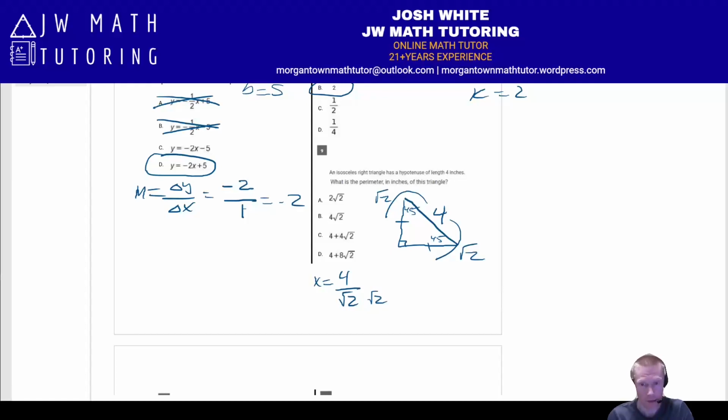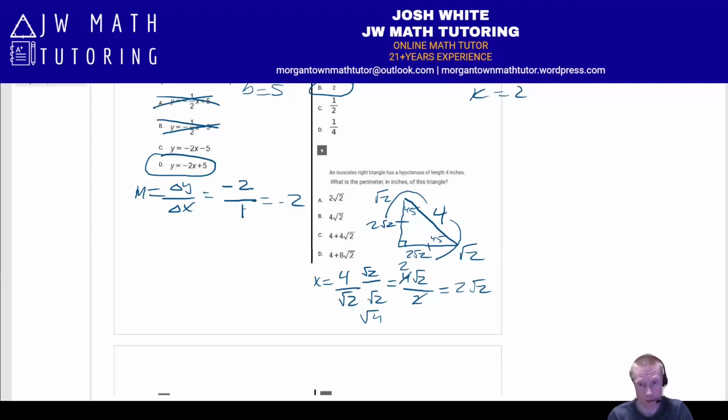Now to simplify that, you would multiply by root 2 over itself. So we get 4 root 2 over, now on the bottom, square root 2 times square root 2 is square root 4, but that just simplifies to 2. The whole reason is to get rid of the radical. And now you could simplify, 2 goes into 4 2 times. So finally we get 2 root 2.